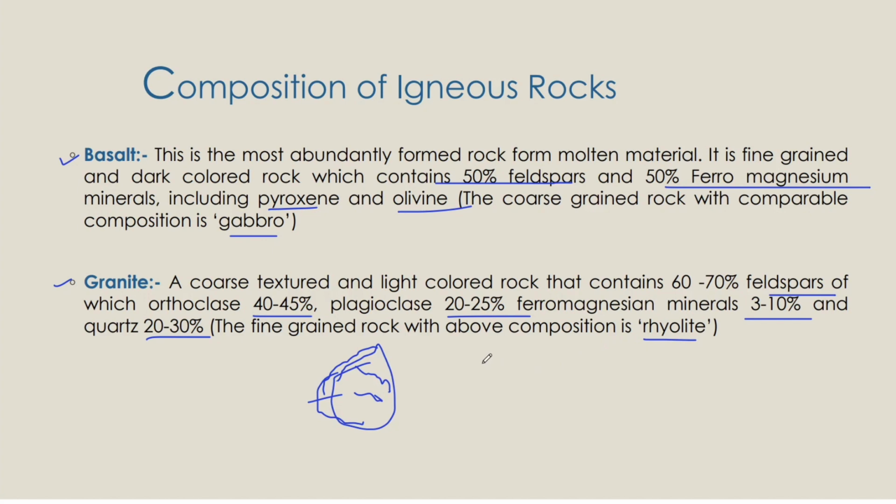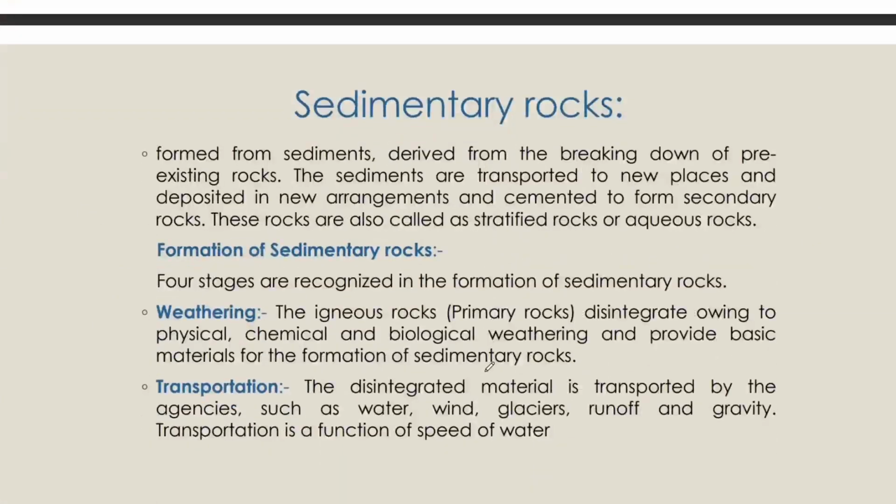So after that we have sedimentary rocks. Sedimentary rocks are formed from the sediments derived from the breaking down of pre-existing rocks, mainly the igneous rocks. The sediments are transported to new places by some natural agencies like air, wind, and they are deposited in a new arrangement and cemented there to form a type of rock.